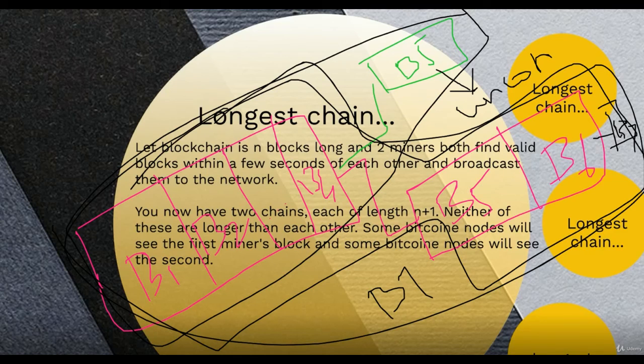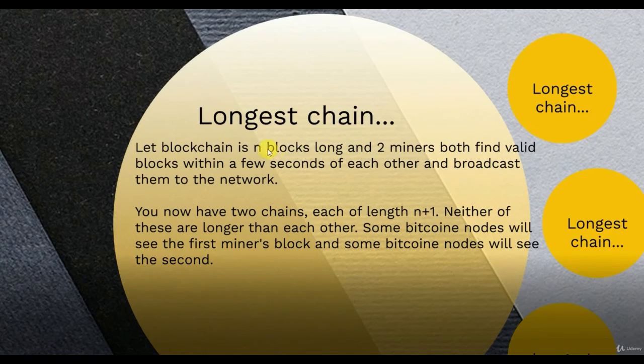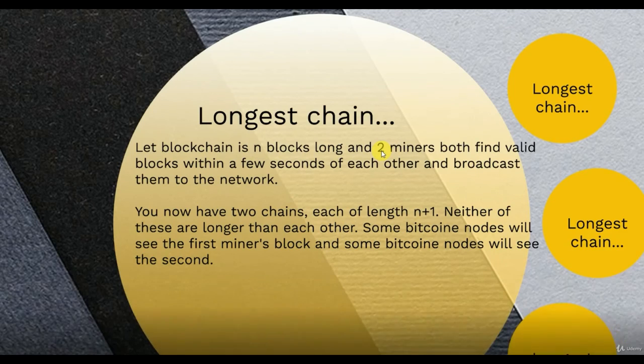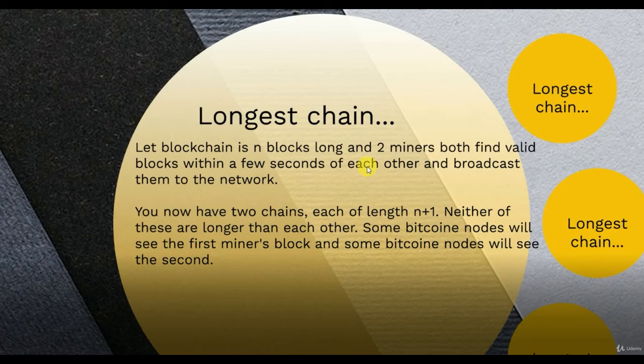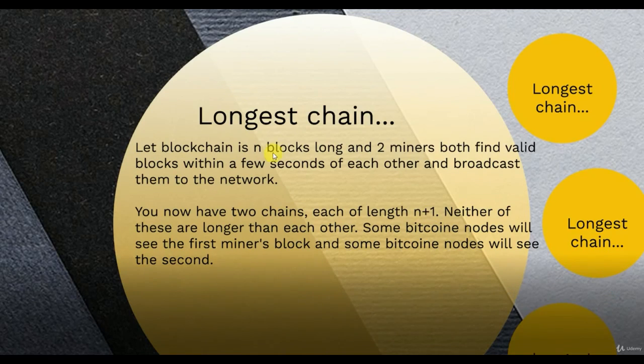Let me look at what I have written here so you can understand better. As I said, there are already n blocks, and if two miners both find a valid block and broadcast it to the network, each will have n plus 1. So initially there are 4 blocks in our network and 2 miners find the next block, B5.